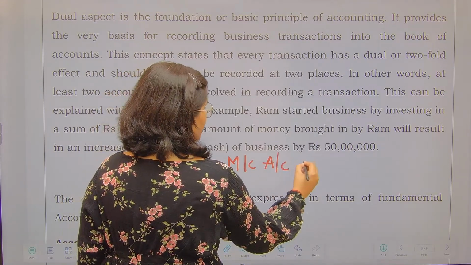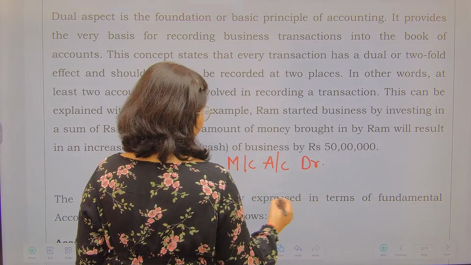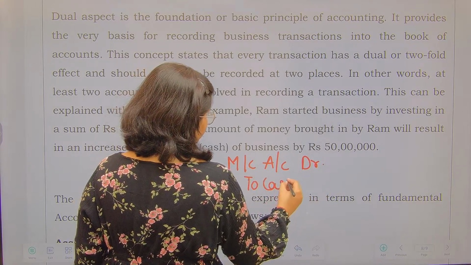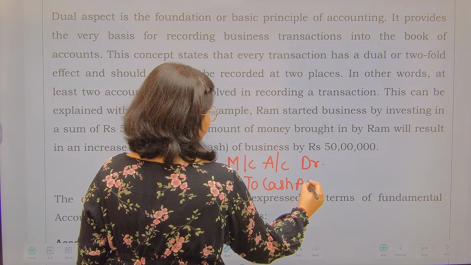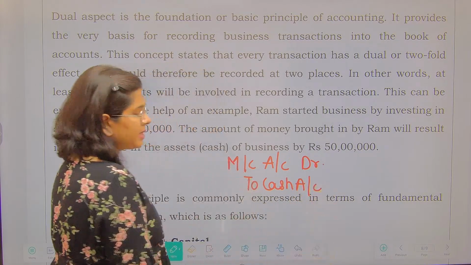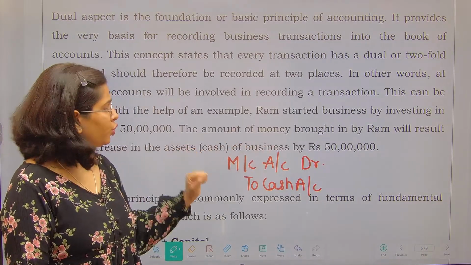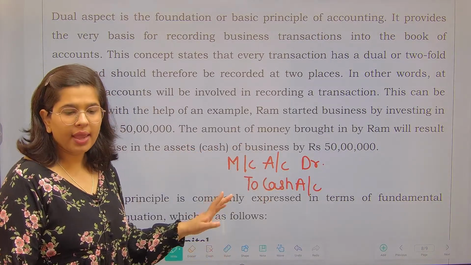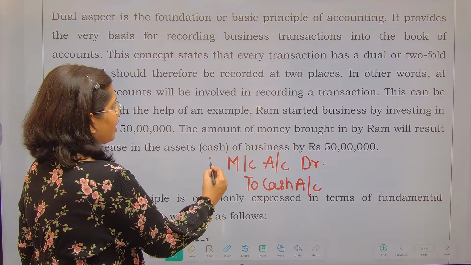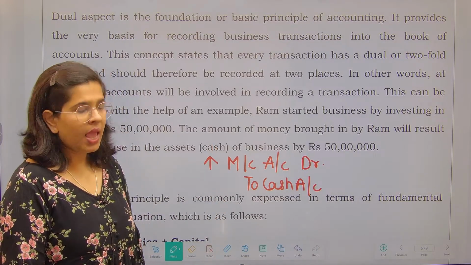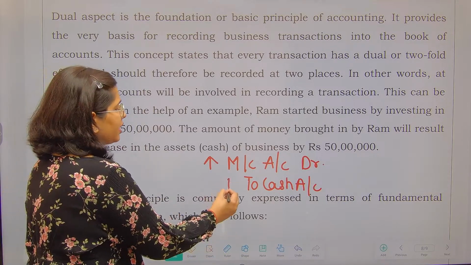Those people who do not understand the meaning of debit and credit, please do not worry, I will be covering that as well. Why? Because I am having one asset coming to me, that is machinery, but my cash is reducing.